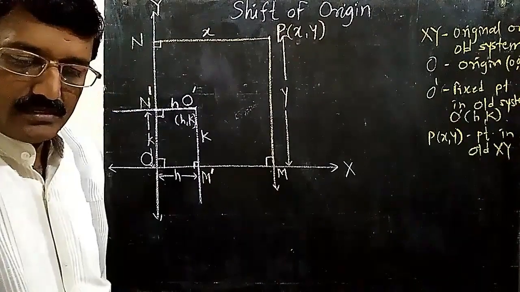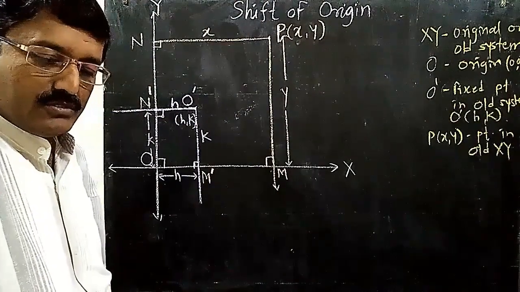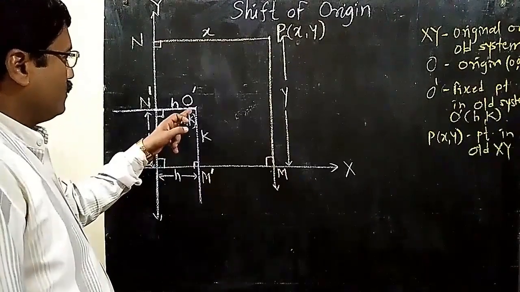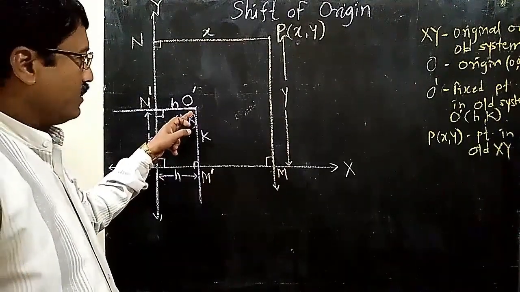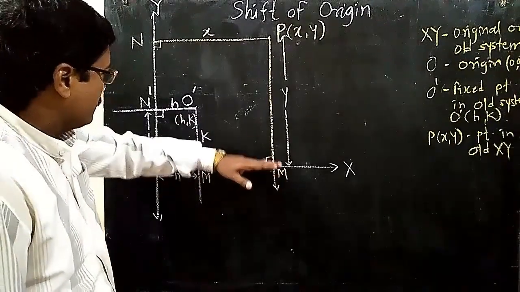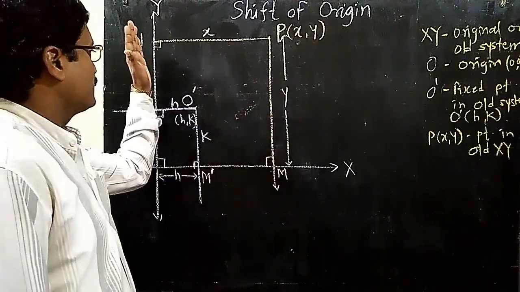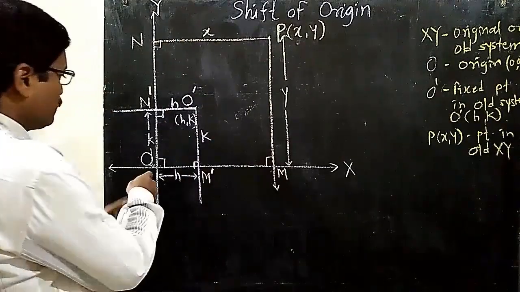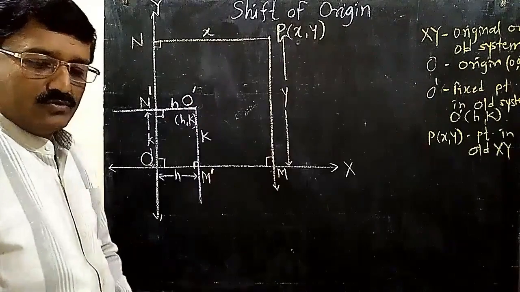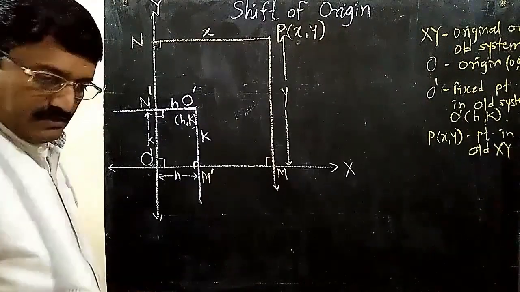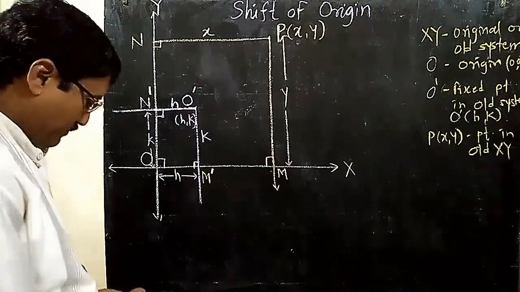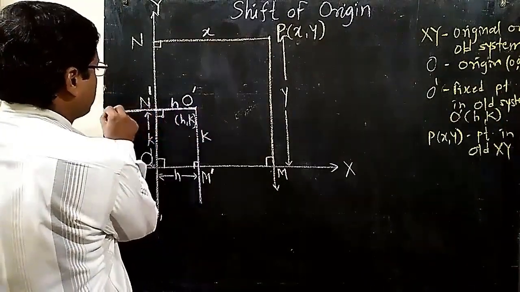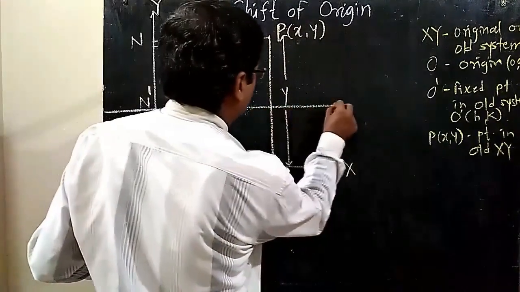Now the next different thing that we are going to do here is shifting this origin O to O dash. How is it possible? If we shift this x-axis here and if we shift y axis so that it passes through point O dash, then obviously this origin will change to O dash. So for that we will consider this line ON dash as our new x-axis.